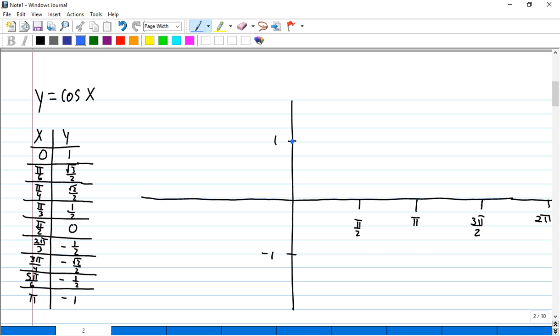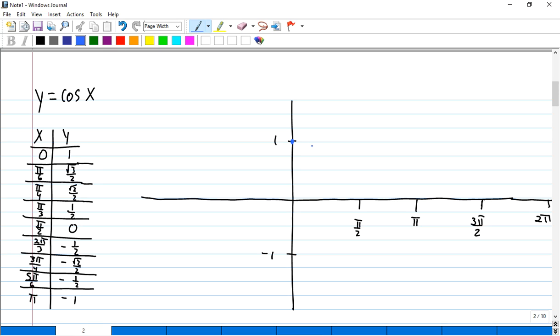And then notice what happens as you go to the right, meaning as your x values get larger, your y values get smaller. Remember, this was 0.866, 0.707, 0.5, 0.